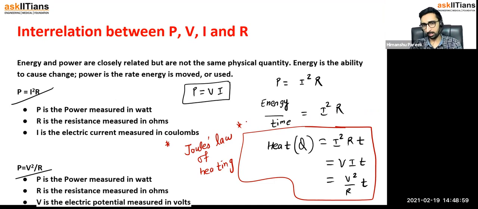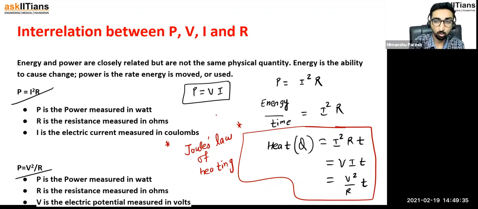It can be asked in the exam for 1 mark also, like what is Joule's law of heating, so you can explain it this way. Whenever current flows through a resistor, it will produce heat across it, and the amount of heat developed is I square R multiplied by T, where T is the time. So let's say for 30 minutes the resistor is on, then that much heat will be produced. If 40 minutes is the time, then that much energy will be used. Like that, we'll be using this formula.